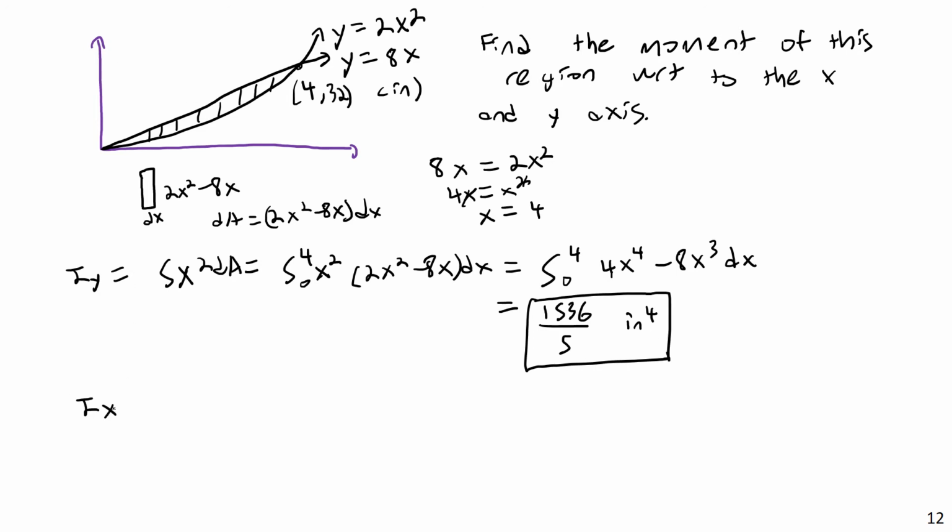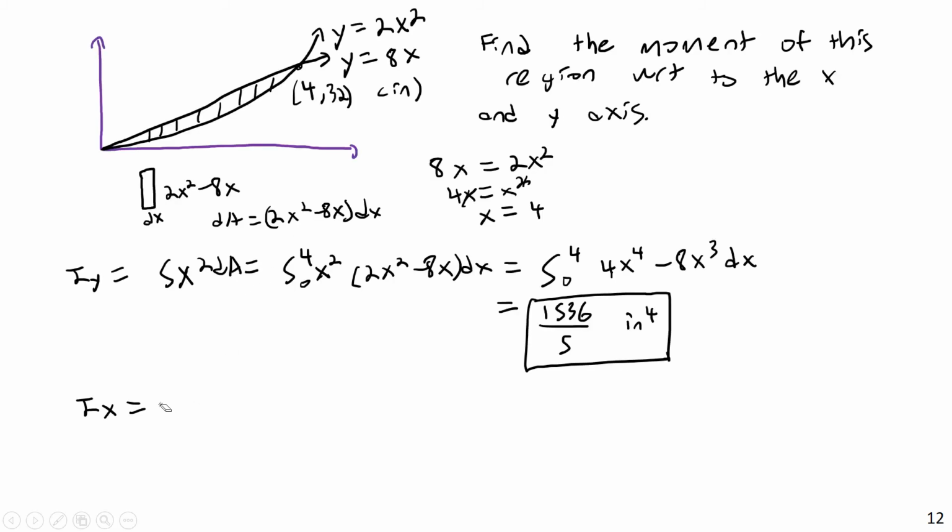And then finally Ix. Again, we're going to use the modified formula that we saw previously, the integral of y to the third over 3 dx. In this context, the y is the total height of a dA, and because we're using a dx, the height is just the same, 2x squared minus 8x.